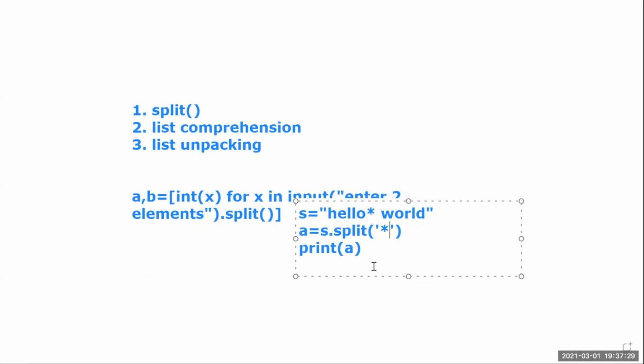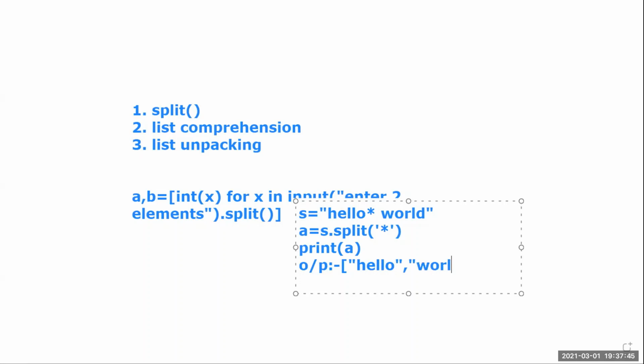My output will always be in the form of a list. It will split the single string into multiple strings, and store those values in list format. So this is my output. Is it clear, Akhil?